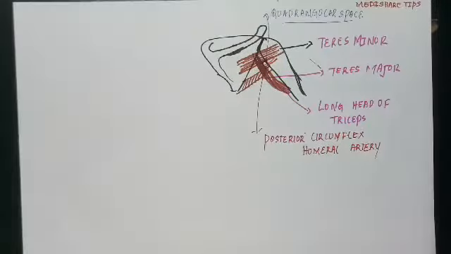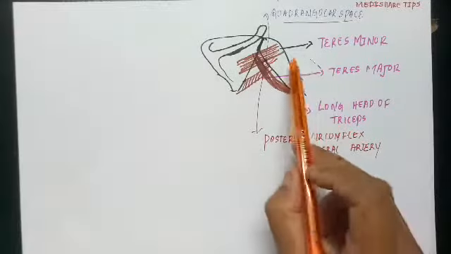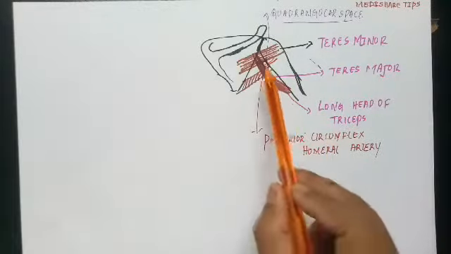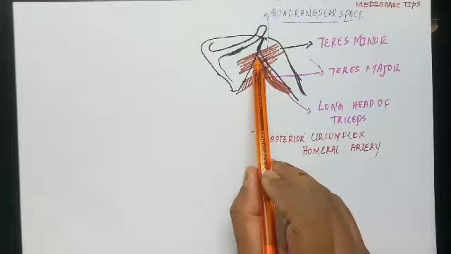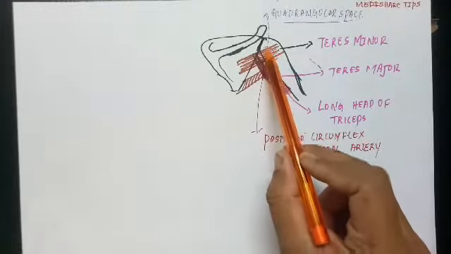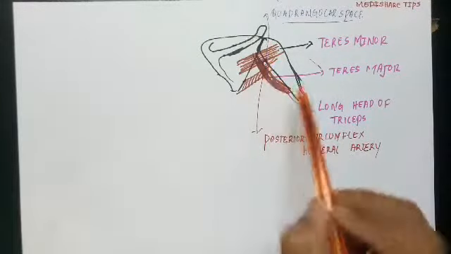So the axillary nerve, after passing through the axilla, passes through the quadrangular space. The space is bounded above by the teres minor, below by the teres major, on the medial side by the long head of triceps, on the lateral side by the humerus.